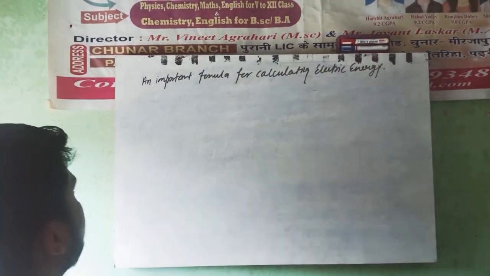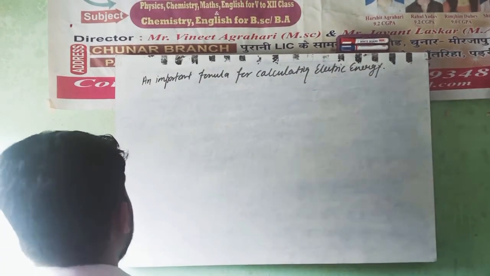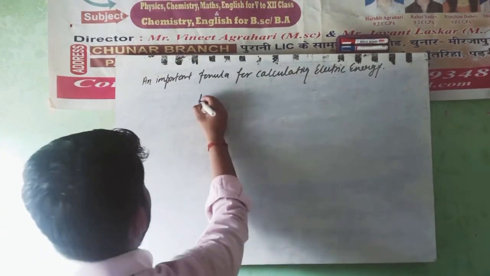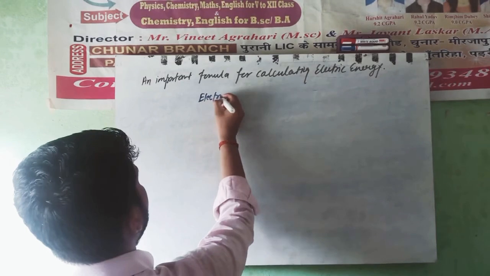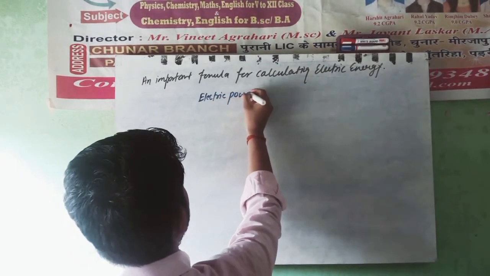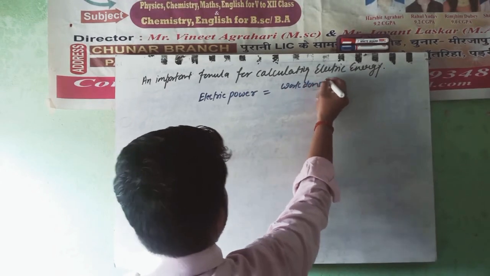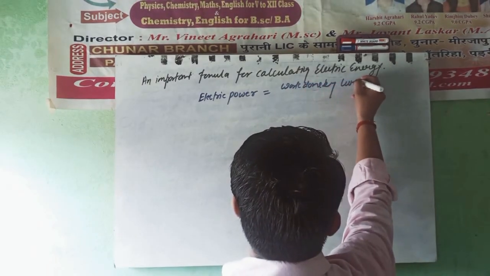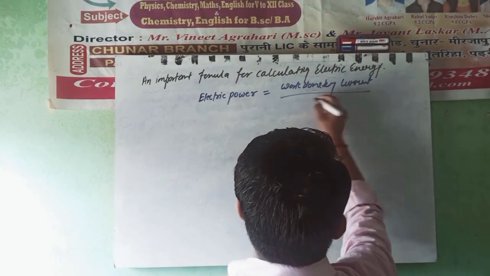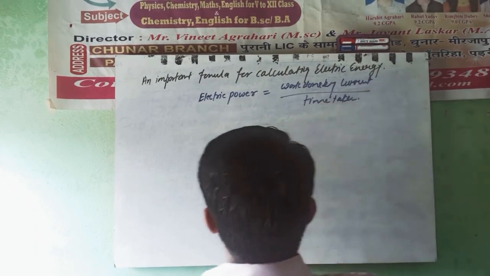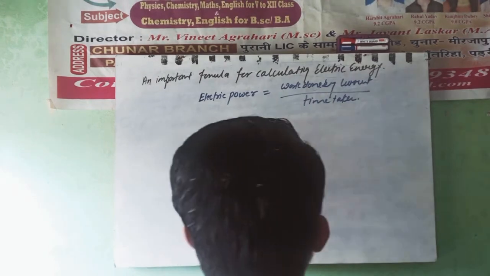We know from yesterday's topic that electric power is equal to work done by current upon time taken. Power is equal to W by T, work done upon time taken.